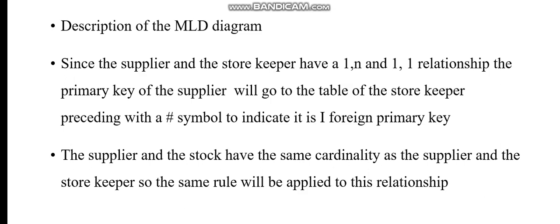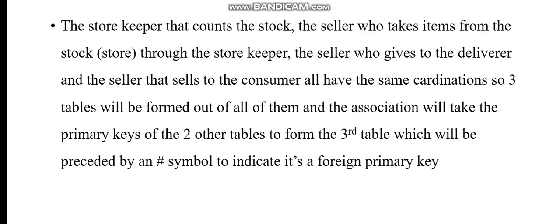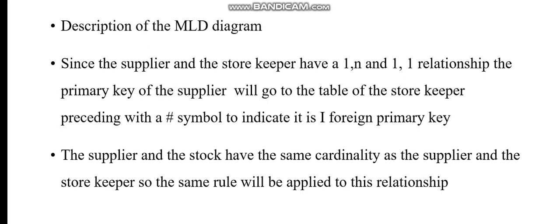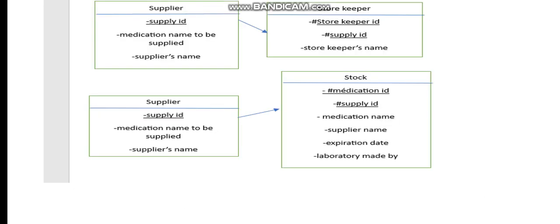Since the supplier and the storekeeper have a 1,1 and 1,1 relationship, the primary key of the supplier will go to the table of the storekeeper, preceded with a hash symbol to indicate it is a foreign key. So we are going to see more here.